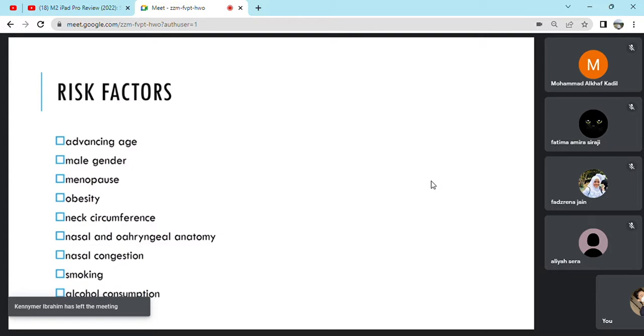Again, as I've said, if you have abnormalities in your nasal and oropharyngeal anatomy. Lately, I have been suffering from epistaxis, and I went to an ENT, and I found out that I have turbinitis.